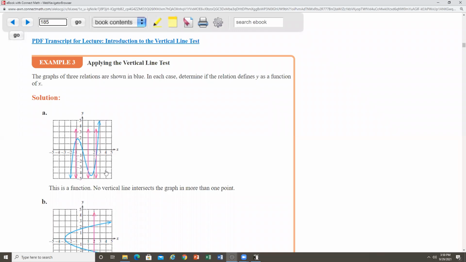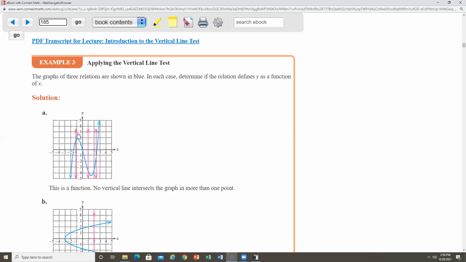Well, when you have the graph of a relation, you can tell if it's a function by subjecting its graph to what's called the vertical line test. The vertical line test is a very simple way to determine whether the graph of a relation qualifies as being a function. To administer this test, all you have to do is take a hypothetical vertical line and move it anywhere in the XY plane, from left to right or right to left.